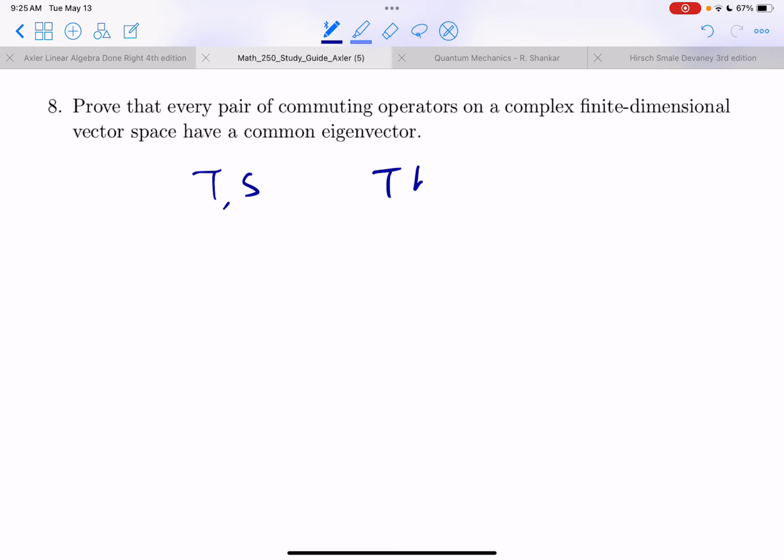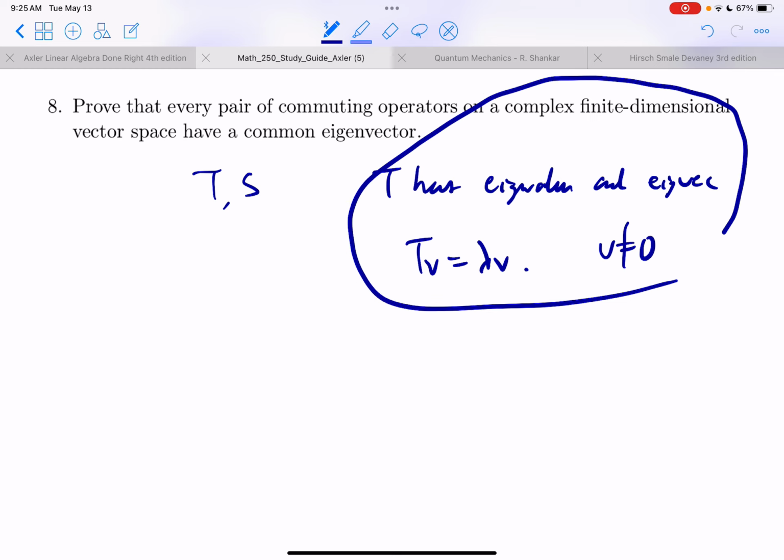So T has an eigenvalue and eigenvector. Let's call it V, with TV equals lambda V, and V is non-zero. We know that from before, that on a complex finite dimensional space, every operator has an eigenvalue and eigenvector.